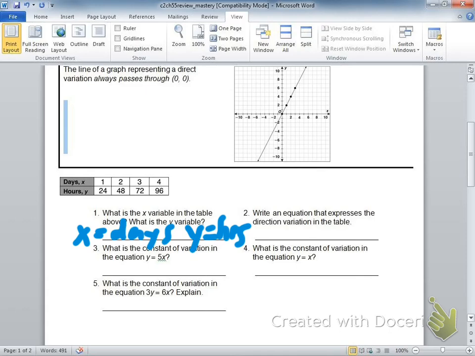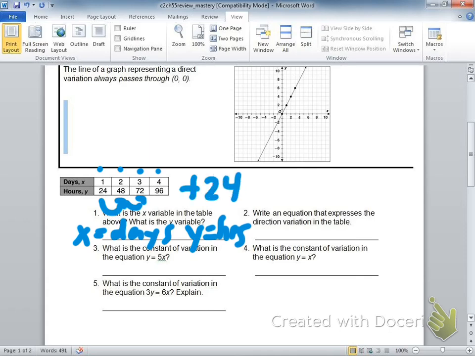So when days is 1, y is 24. When days are 2, hours are 48. When days are 3, hours are 72. When days are 4, hours are 96. What is this increasing by each time? 24, that's correct.